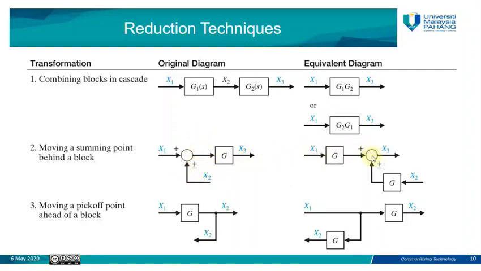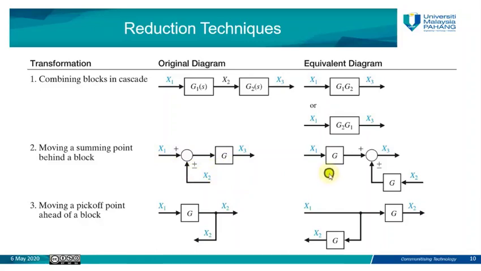Actually, during the moving of a pickup point or summing junction, we need to consider what will be the value of the output. The output of both systems should be the same. X3 in the original system must equal X3 in the modified or equivalent system. In the first case, X3 is equal to the summation of X1 plus or minus X2, both multiplied by G. So it becomes G X1 plus or minus G X2.